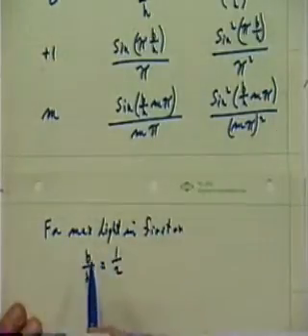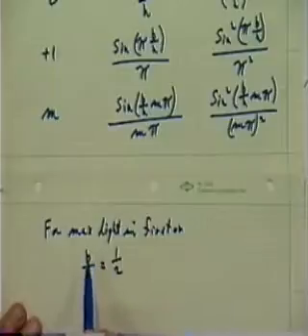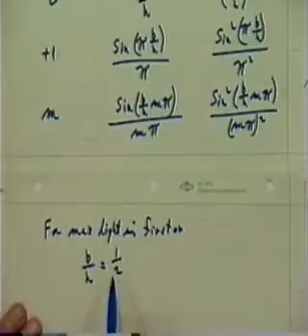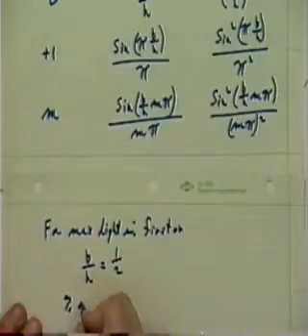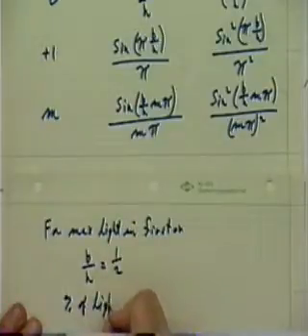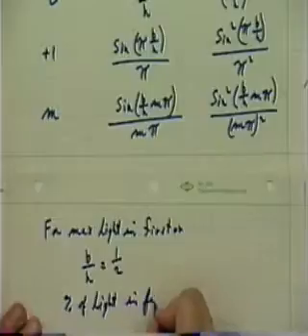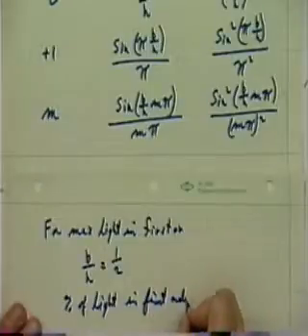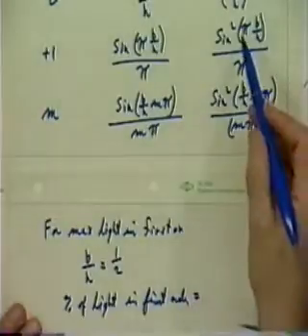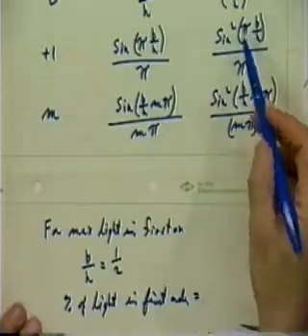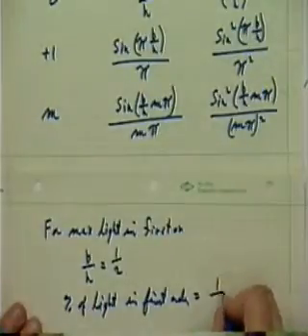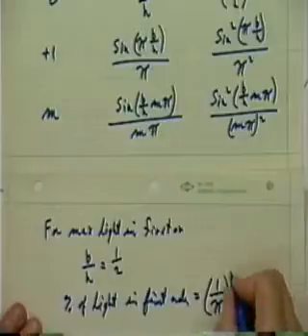So the ratio of the width of the slit to the spacing of the slits should be 1/2. And the percent of light in first order is equal to, well, we get a sine squared, that becomes a 1. So it's 1 over pi squared.